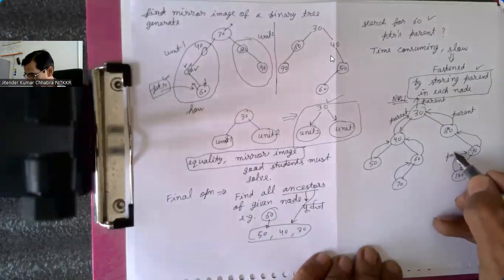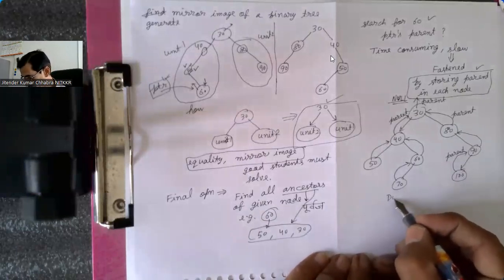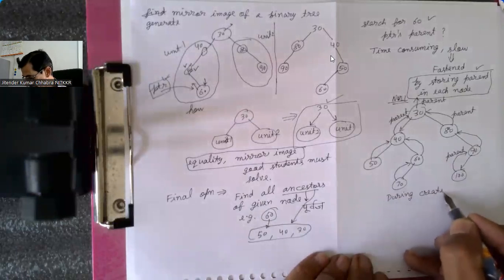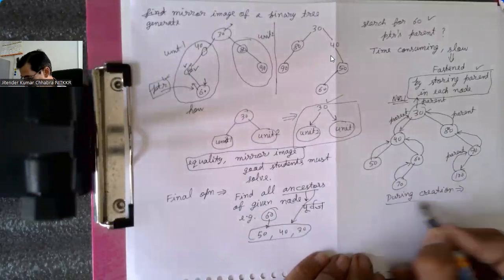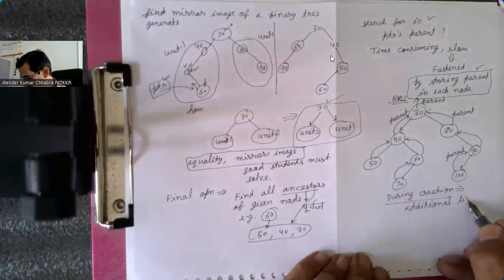So for every node, the parent is also stored. Means during creation, you have to have additional linking, not only one left or right linking, additional linking to be done for every node.